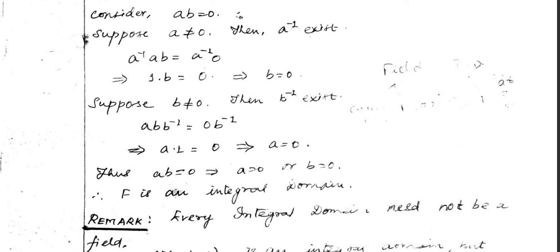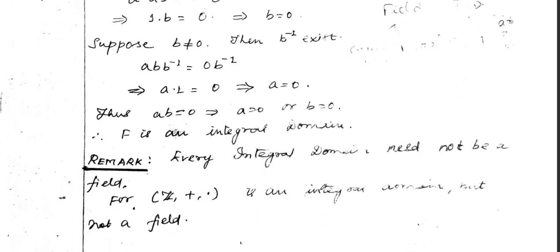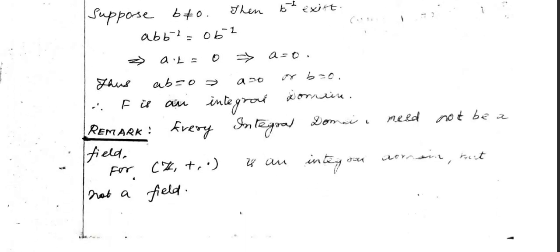So every field is an integral domain, but not every integral domain is a field. An example for that is the set of integers under the usual addition and multiplication of integers.